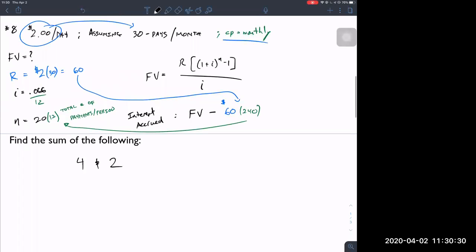But then if I give you 4 plus 2, and then I say find this result, there's no formula for result, right? It's just a phrase saying, hey, find out what this is. Same with maturity. Maturity has never been a formula. Maturity just means find what you're looking for.